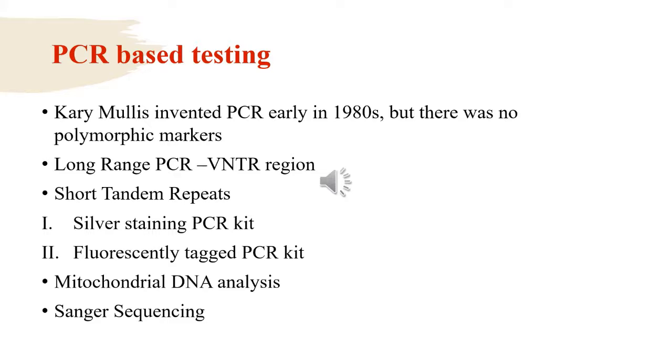The silver stain detection method was quite effective for laboratories that wanted to perform DNA typing for a smaller startup cost. No expensive instrument was needed, simply a gel box for electrophoresis and some silver nitrate and other developing chemicals. Fluorescent tag PCR kit.